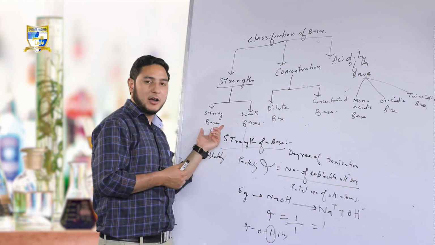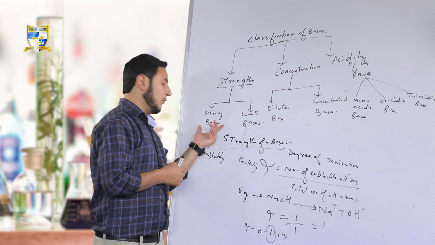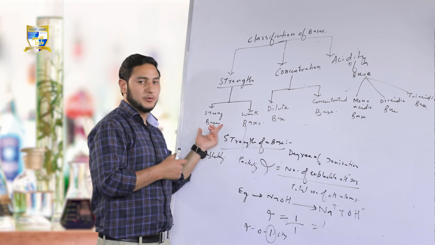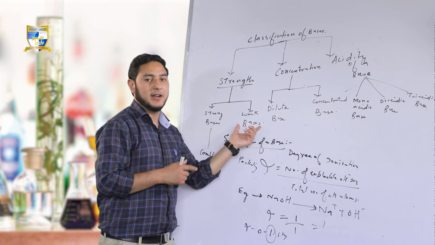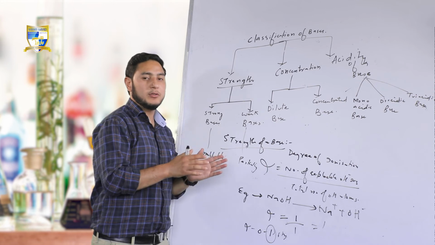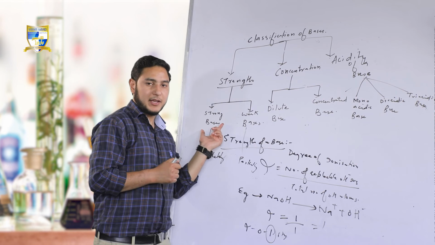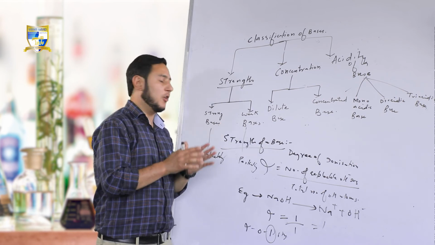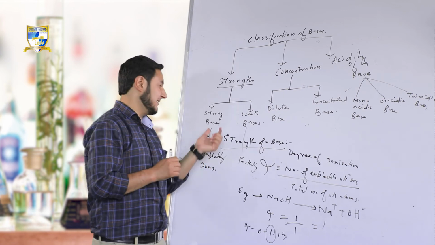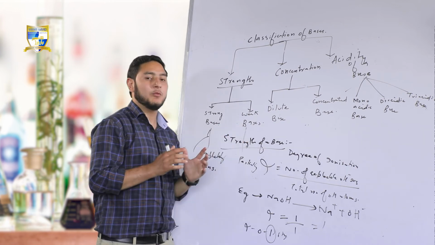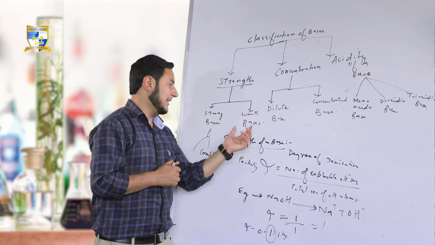Strong base ionizes completely. Weak base ionizes partially. For a strong base, the value of alpha, that is degree of dissociation or ionization, is 1. For a weak base, the degree of dissociation, alpha, is somewhere between 0 and 0.7. Third, a strong base, when it ionizes, only gives ions in the aqueous solution, while a weak base produces ions as well as molecules in the aqueous solution.